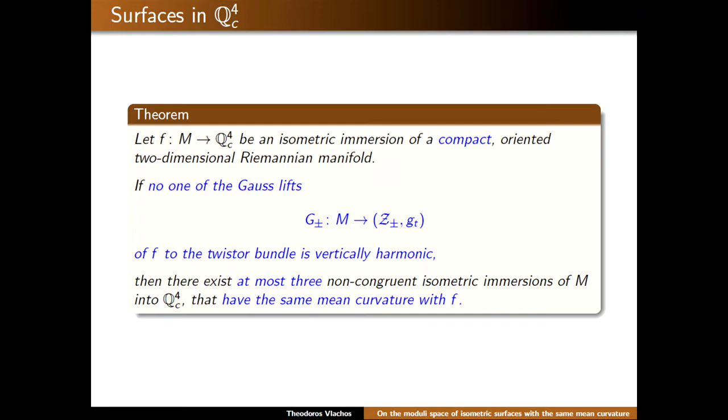Then again, we can prove that there exist at most 3 non-congruent surfaces that have the same mean curvature function. So we have exactly the same result as in the case of surfaces in R4, but now we have to consider the Gauss lift into the twistor bundle.